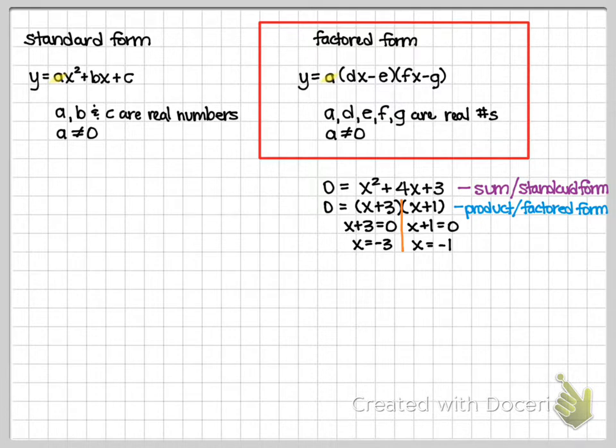So I now want to think about going back to this equation that I'm highlighting in orange right now. So my example of 0 is equal to x squared plus 4x plus 3. I want to compare that to the equation of y equals x squared plus 4x plus 3. So I want to see what those have in common.